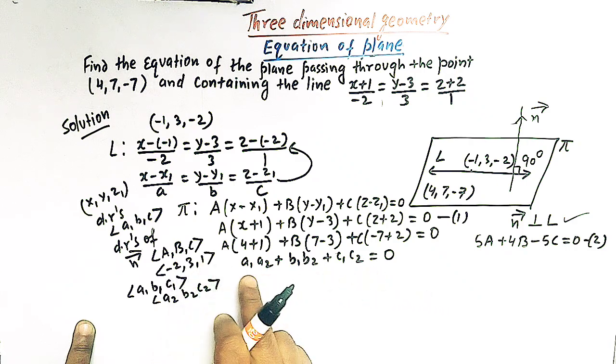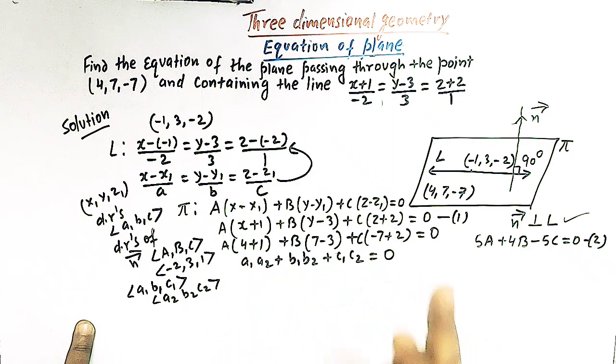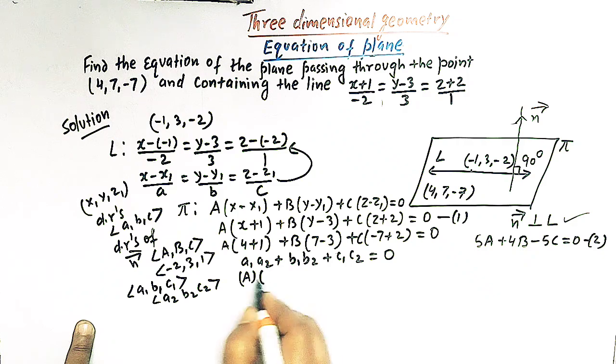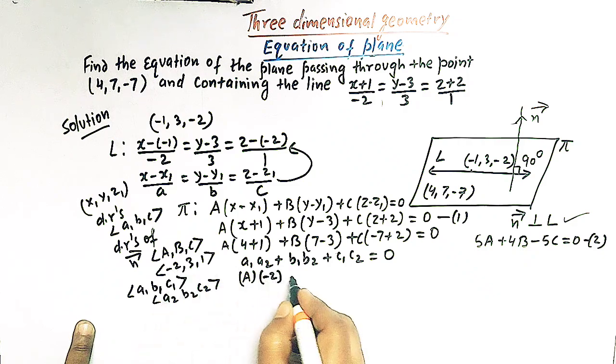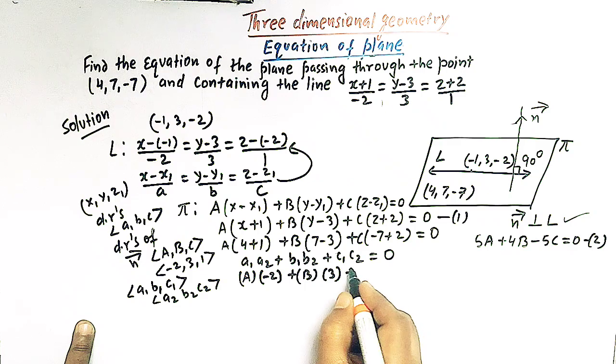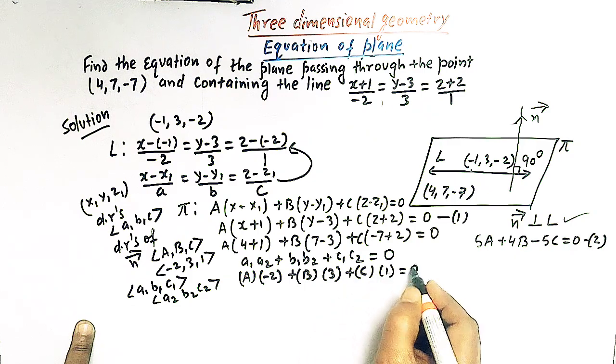So, utilizing this condition for perpendicularity of two vectors, we can now write A times minus 2, then we have B times 3, and then we have C times 1 is equal to 0.